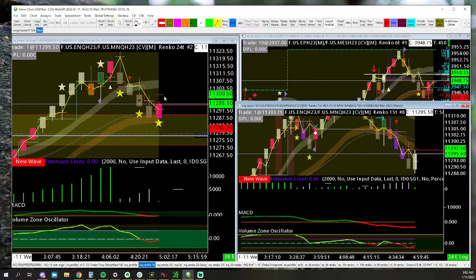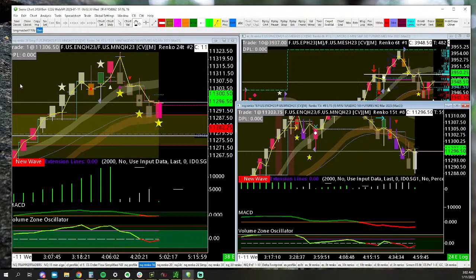So it needs to have two bull bars in a row now, or like one up and then one down, and then two up would work too. But it looks to me like they're just gonna not let it go higher.